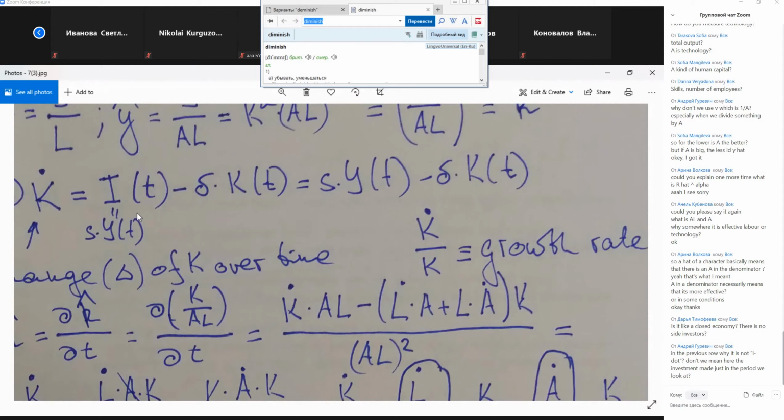It's not the stock of capital, it's just the flow of new capital. So this is how many new machines we purchase, and this shows how many old machines get broken. It's investment in period t.